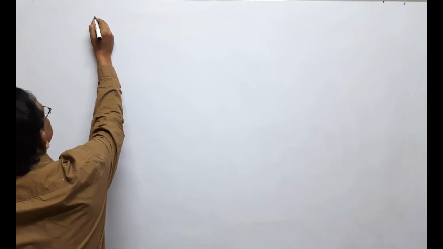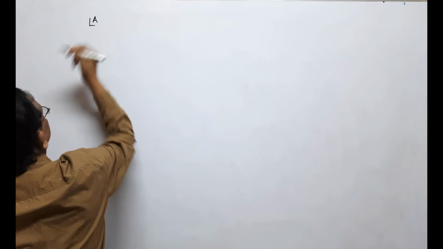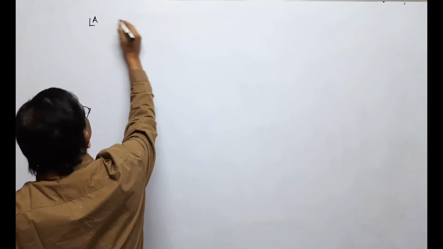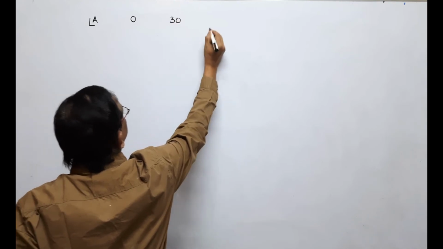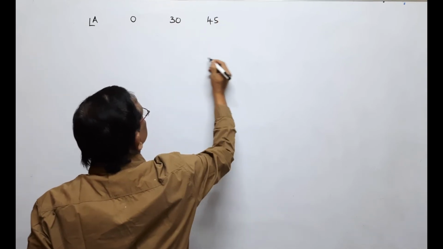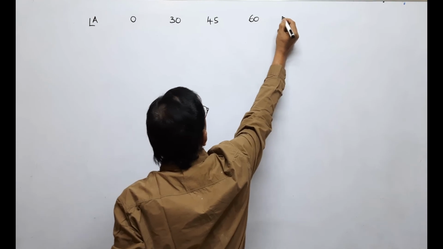this becomes 0. Now let us write a table comprising all these 6 trigonometric ratios with A at different angles. So this is angle A: if A is 0, if it is 30, if it is 45, if it is 60, if it is 90.